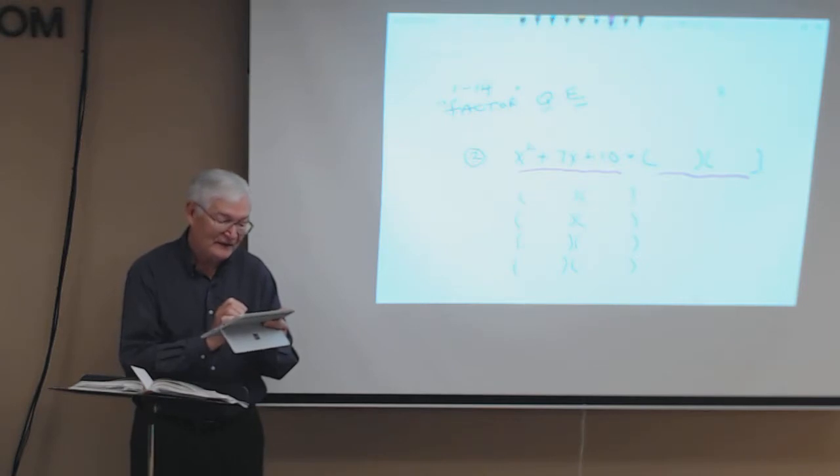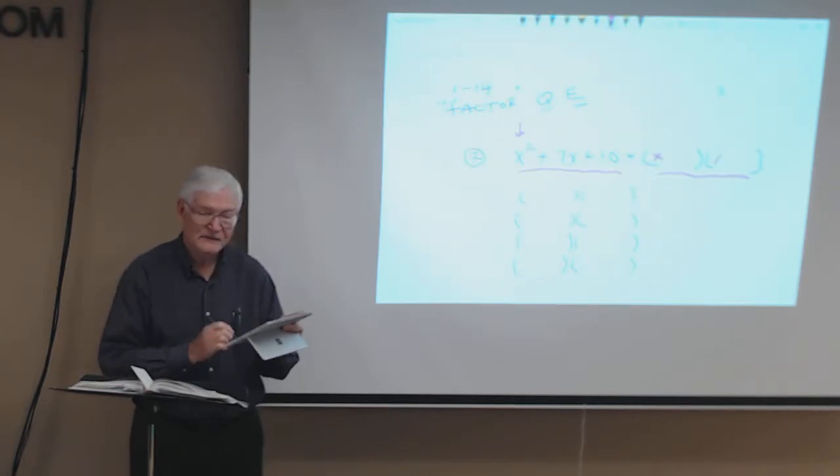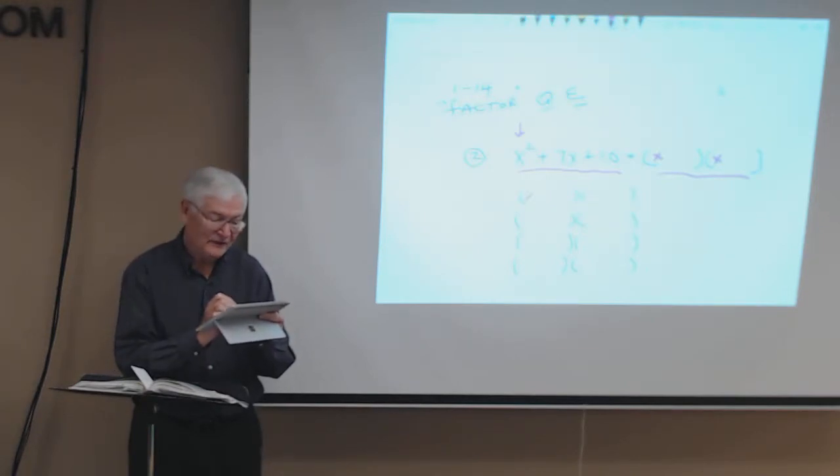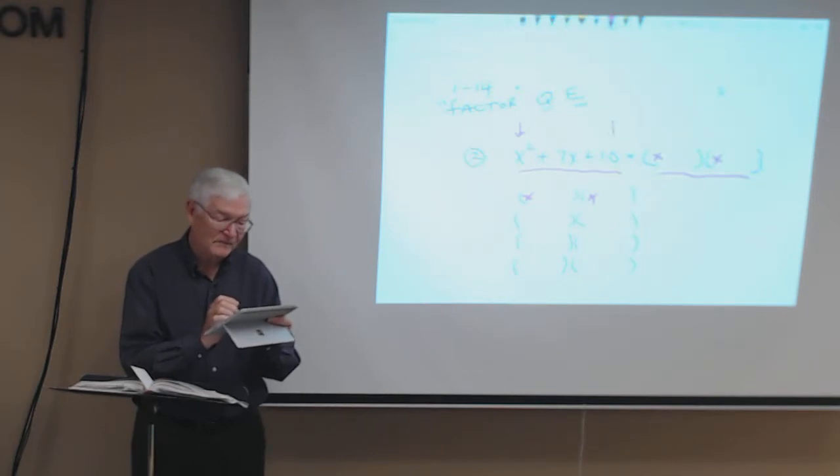Well, guess how I get the first term? I take the first times the first. X times X. You follow me? So I put an X here and an X here. Then how do I get the last term? You say, why so many?